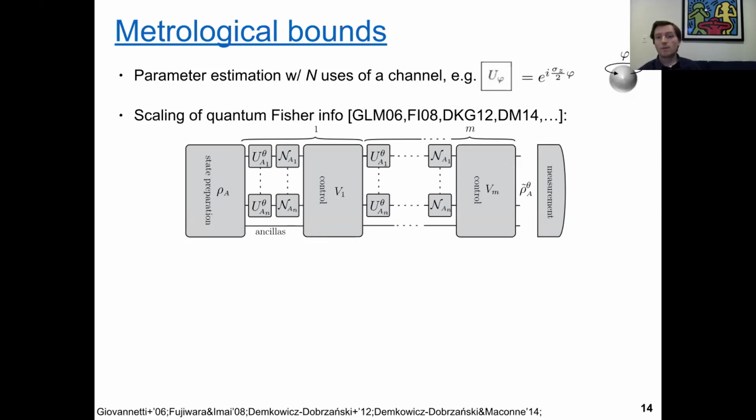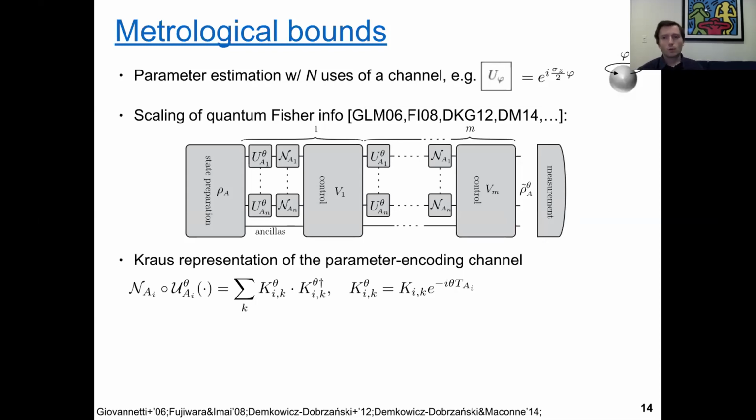Then we could have some control, which acts on our system A and also on some ancillas. And then we have more parameter encoding channels, U subscript theta, more noise, more control, and then we perform some arbitrary measurement at the end. We know from those quantum metrological bounds that the quantum Fisher information in that setting can scale at most quadratically in the number of channel uses.